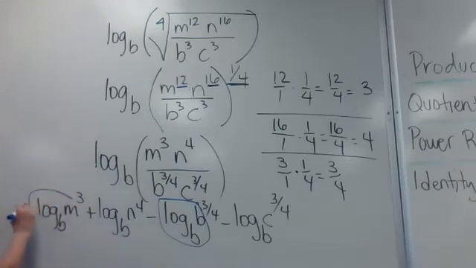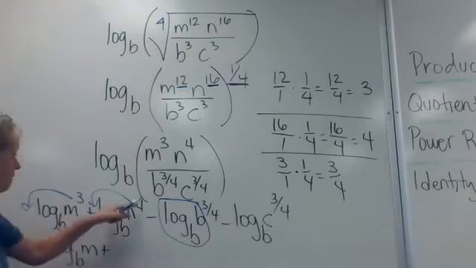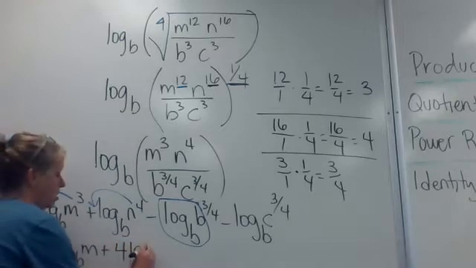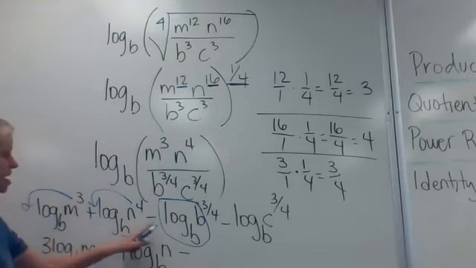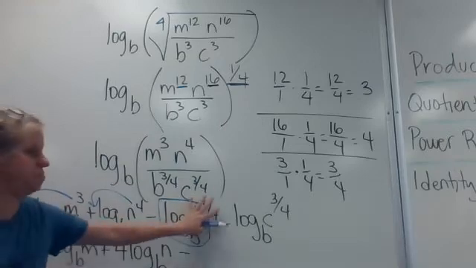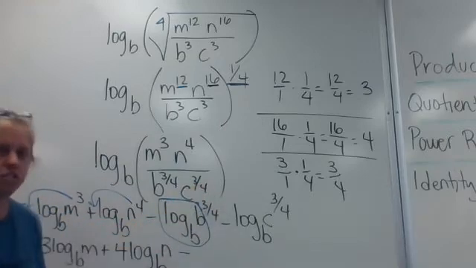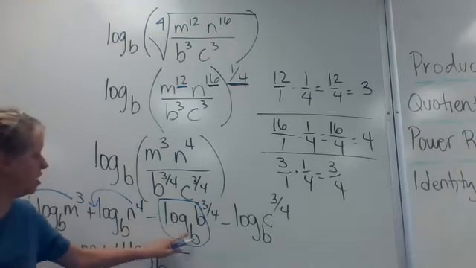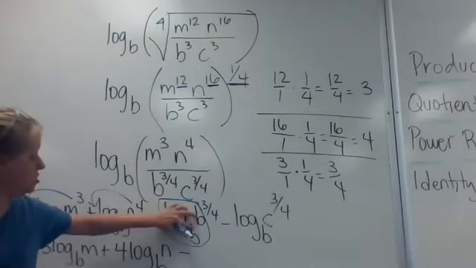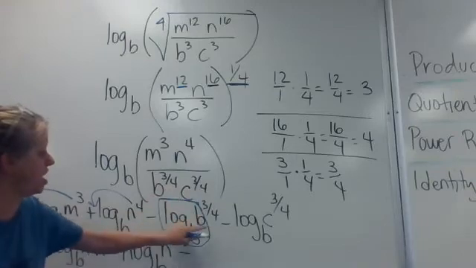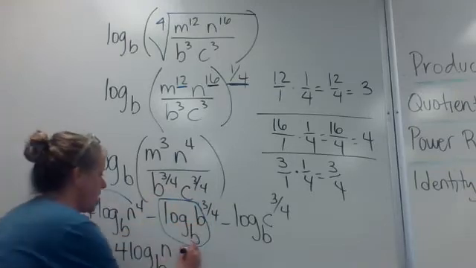I'm in the step now where I'm just bringing down my exponents. So now I'm going to have 3 log base b of m plus, bring down the 4, 4 log base b of n, minus, what's this whole situation about to be? 3/4, just 3/4. If you've got log base b of b, these two things are the same. This whole thing just turns into whatever that exponent is.